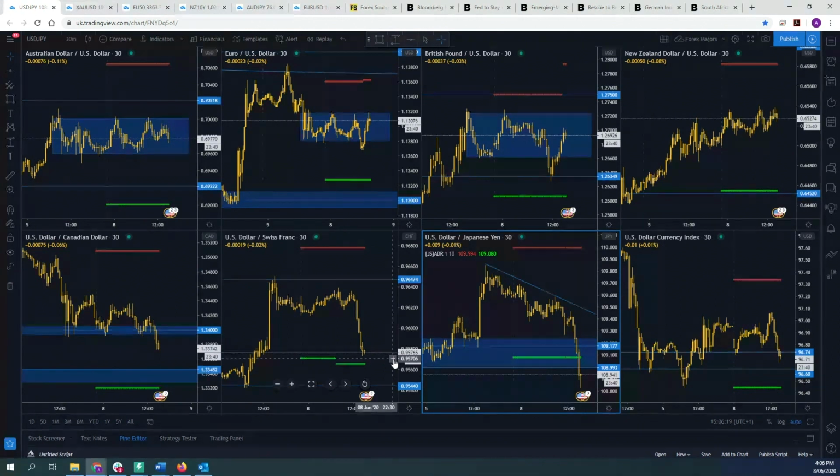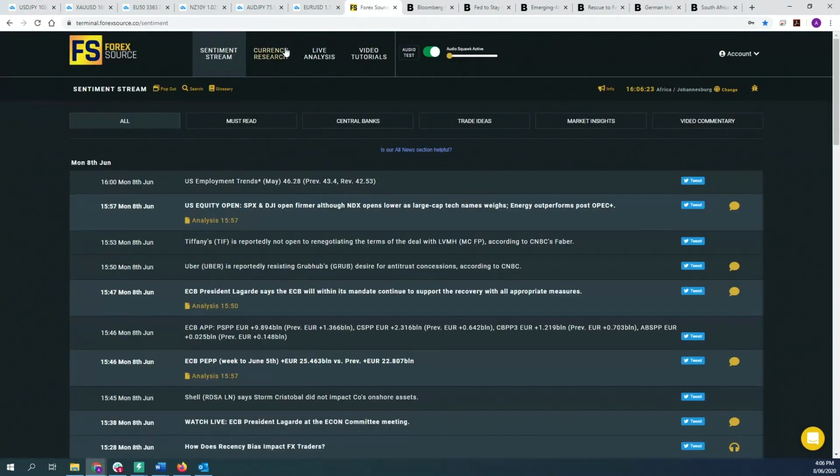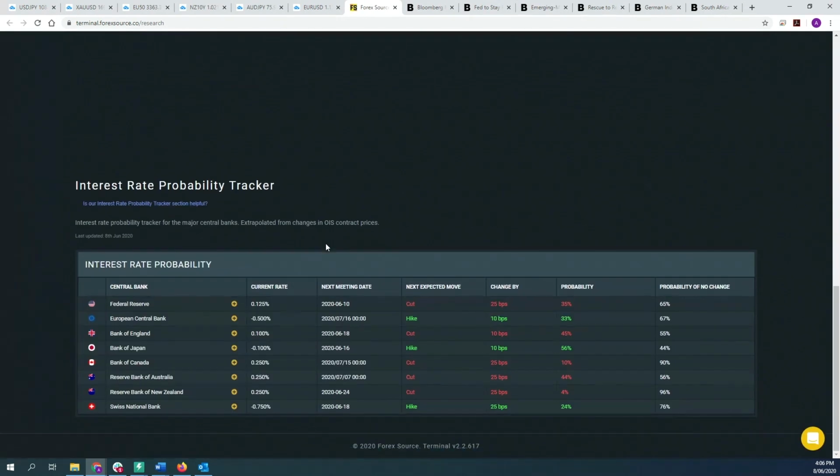The good news is that if you are a Forex subscriber, we basically go through all of that research for you and provide filtered analysis and commentary in those bite-sized chunks with the weekly reports, with the daily reports, and of course in the terminal as well we have the OIS market pricing that gives us the interest rate probability tracker.